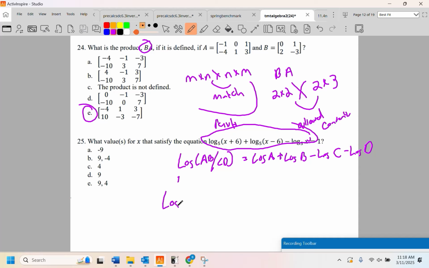I'm going to have a singular log base 5 and it will contain in the numerator x plus 6 times x minus 6. In the denominator it will contain an x and it will still equal 1.